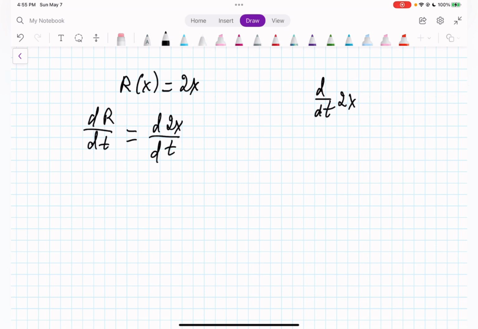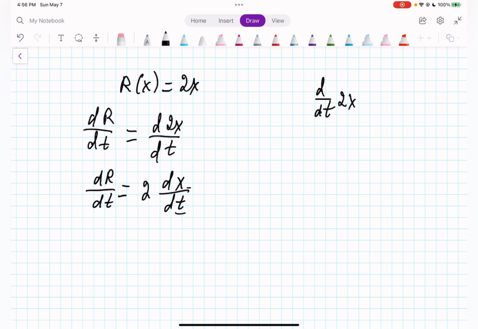Now we are going to calculate dr by dt. It's going to be the coefficient times dx by dt, because we differentiate by t, and we have x, which we can't differentiate, so we leave it the way it is.